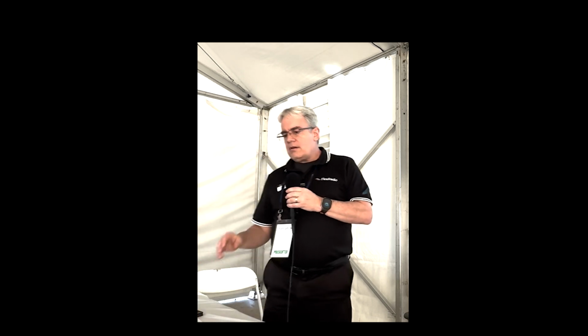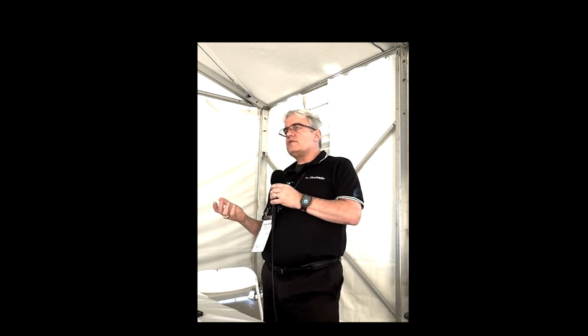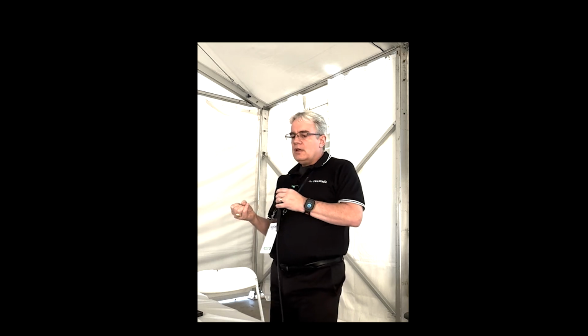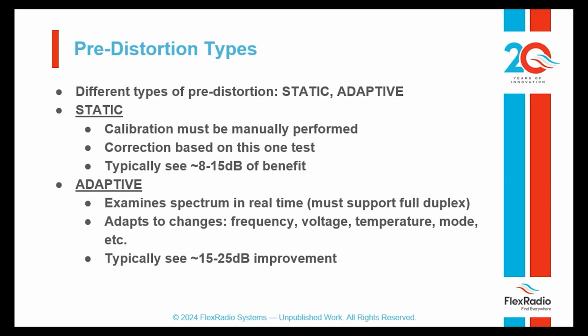Okay, so there's a lot of different ways of doing predistortion. You can account for just voltage differences. You can account for temperatures that change in the power amplifier. There's memory effects from the heat in the heat sink staying there, even if you've reduced the current to the amplifier. There's all kinds of things you can do. But the two big categories are static and adaptive.